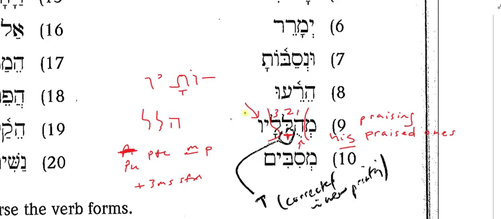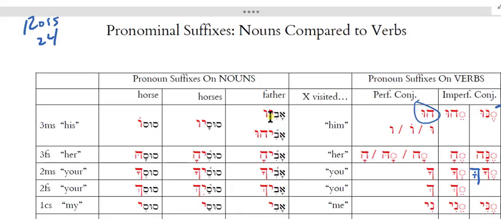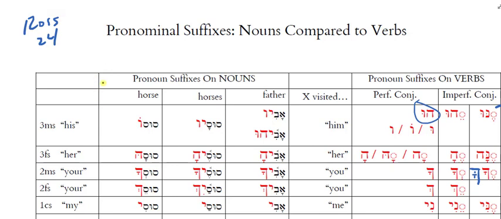Yeah, so, well, here, what we need to do is just remind ourselves of the pronominal suffixes. Give me just a second here, and I'll pull it up. So I've pulled up this handout that I gave you back when we looked at ROS 24. And what I just want to point out here is that all these pronominal suffixes that are added to the nouns, those were really ROS chapter 14.